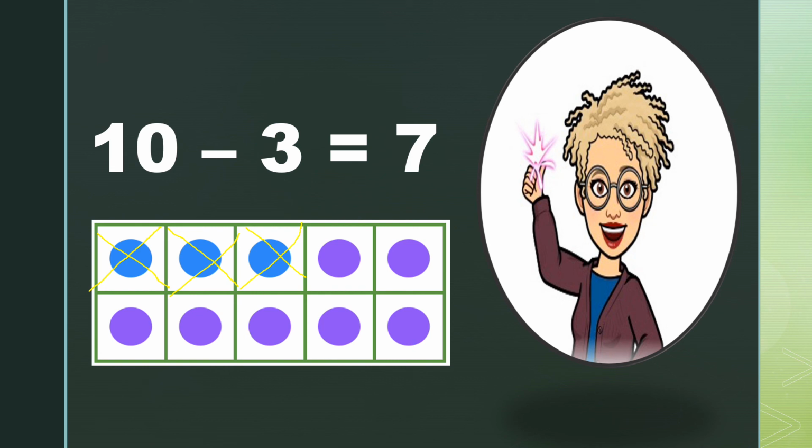How many counters then are left? 1, 2, 3, 4, 5, 6, 7. 7 counters are left. Very good. 1, 2, 3 were taken away, and 1, 2, 3, 4, 5, 6, 7 are left.